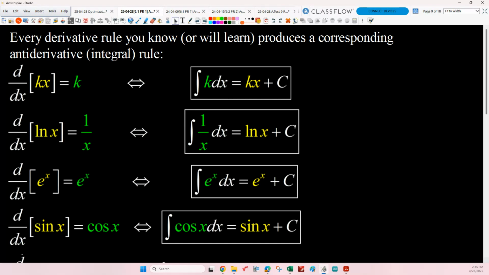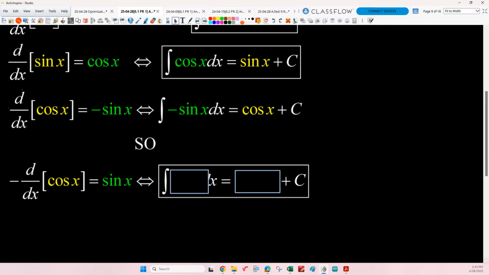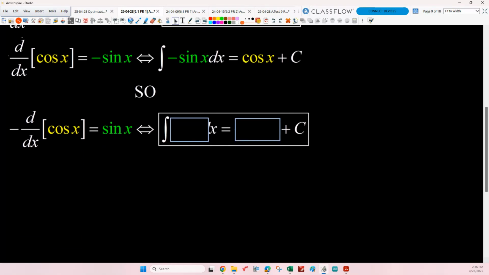Okay, so then we could just do this, right? We could take that negative and write this as the derivative with respect to x of negative cosine x equals sine x, right? Everybody get that? This is a more convenient way for us to say this thing.